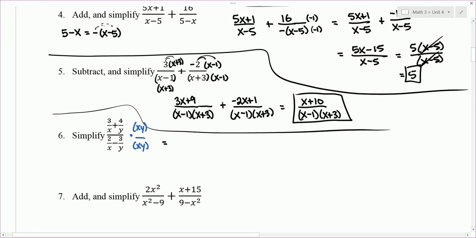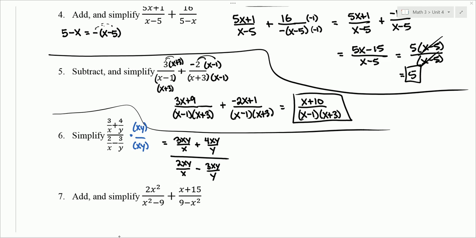And when I do that, I end up with 3xy over x plus 4xy over y over 2xy over x minus 3xy over y. So we're just multiplying the xy with the numerators of all 4 fractions.